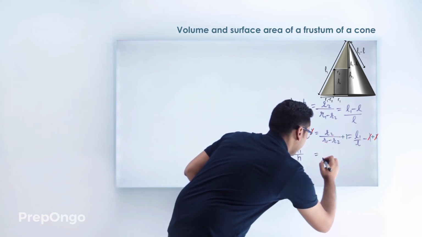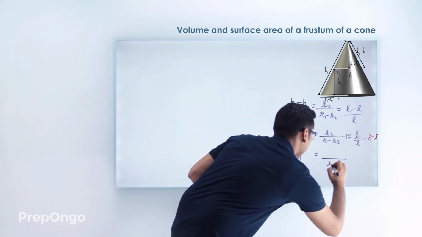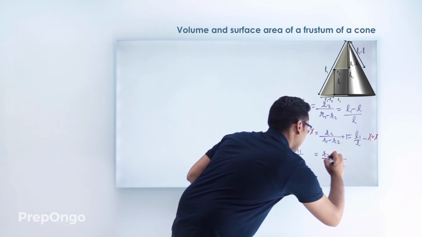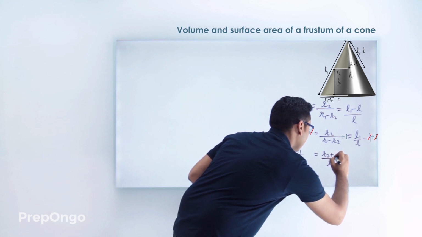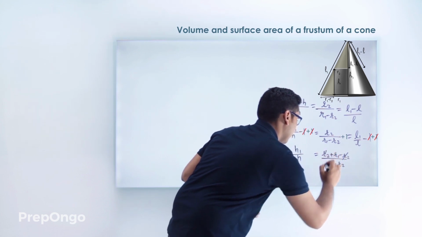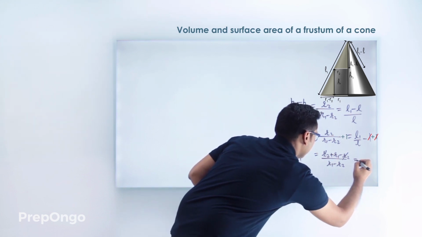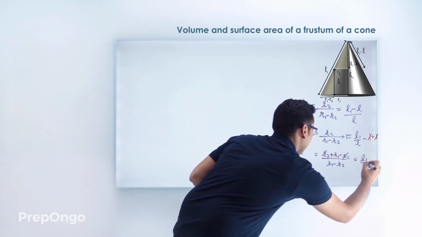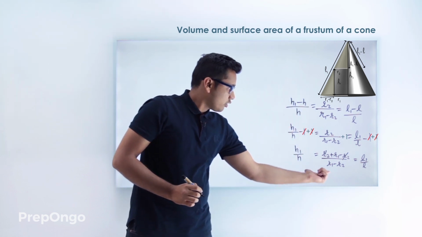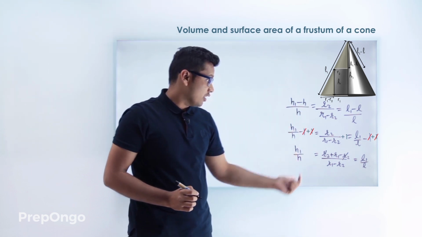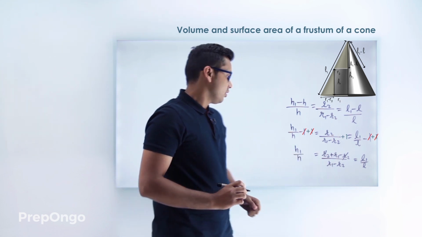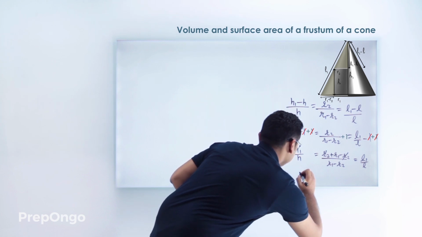So LCM will be r1 minus r2 and this will be r2 plus r1 minus r2. So this will get cancelled and this will be equal to l1 by l. Now from these two terms we can get the value of h1 and from these two terms we can get the value of l1. So let's write it down.